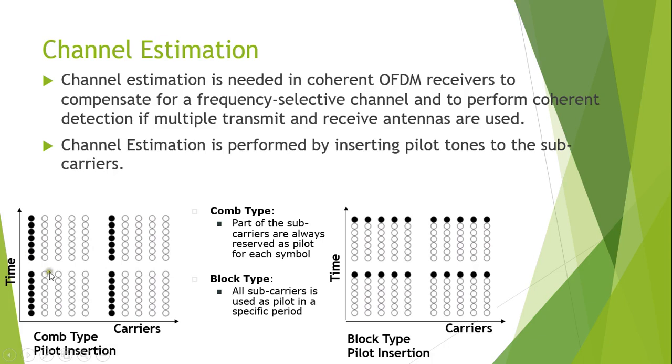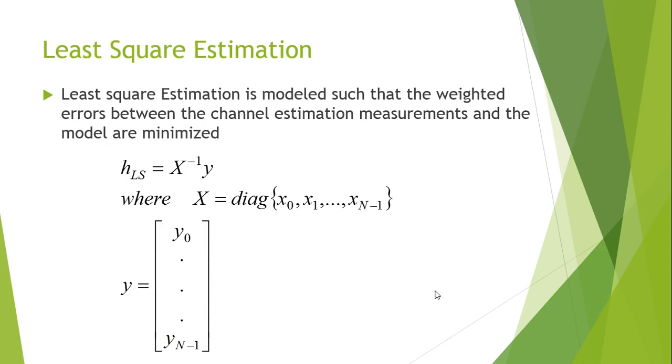Here we see the comb type pilot insertion, in which part of the subcarriers are always reserved as pilots for each symbol. And then here we see the block type, where all the subcarriers are used as pilots in a specific period. So depending upon the implementation, either block type or comb type channel estimation is used.